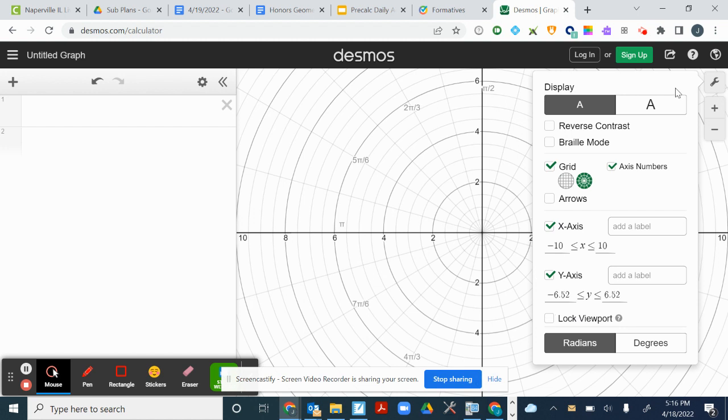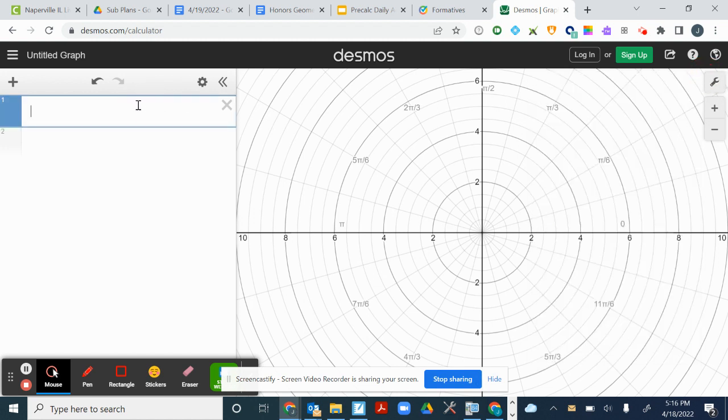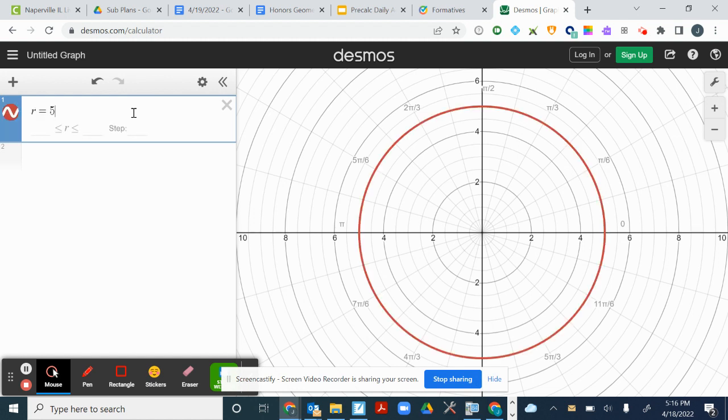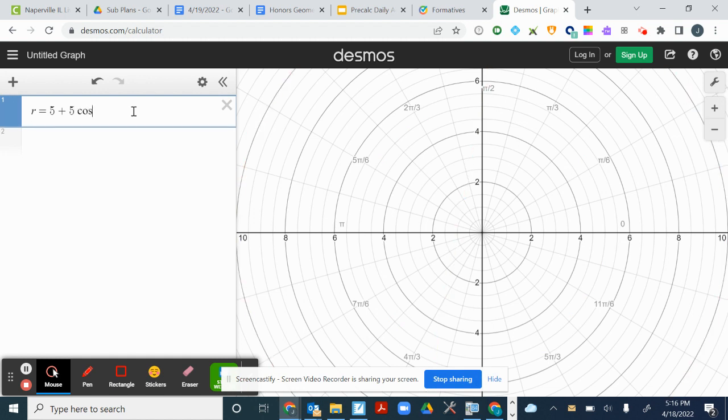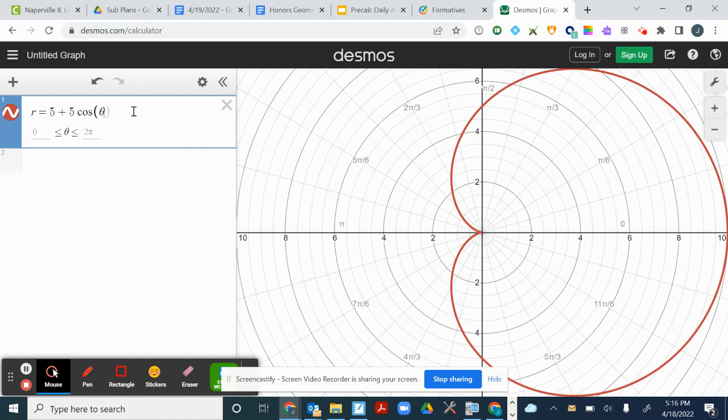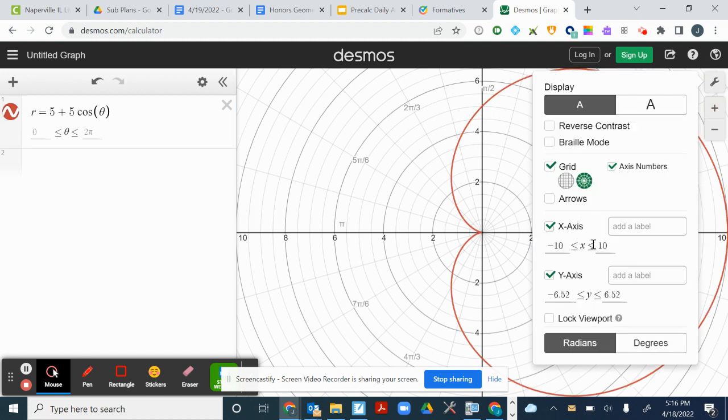As far as typing it in, you type in r equals, and then like the first one was 5 plus 5 cosine theta. You could type in theta, or you could find it in the keyboard. As long as you have the r equals, you'll see the graph. Again, you're paying attention to the numbers. Ooh, they won't let you change it.